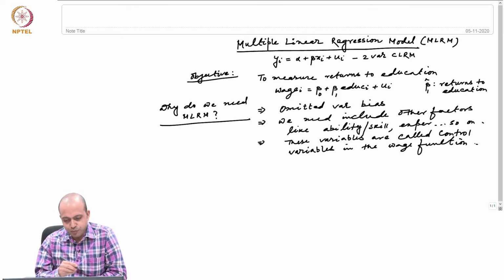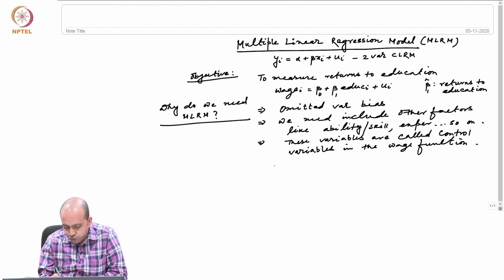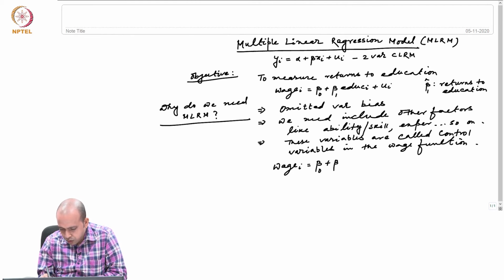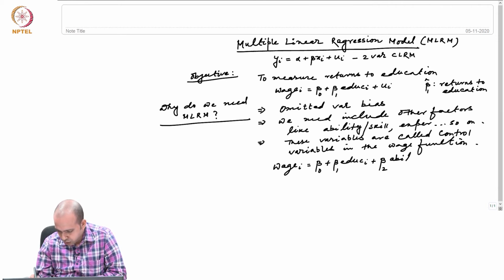Okay. So, let us say that our true model would be wage equals beta 0 plus beta 1 education plus beta 2 ability plus ui.